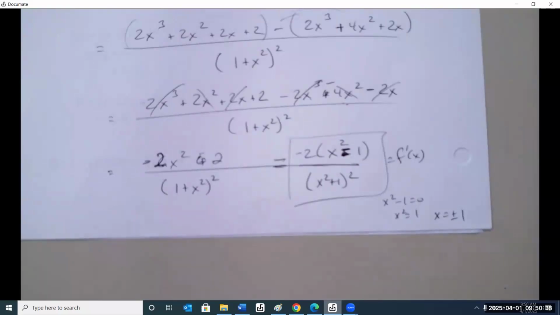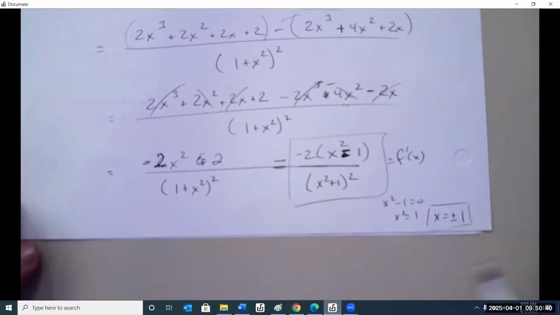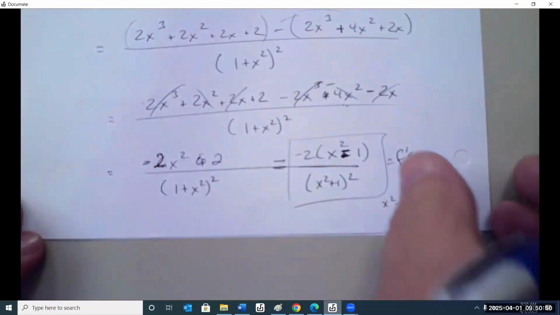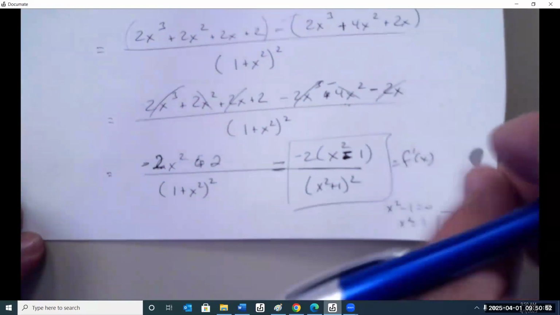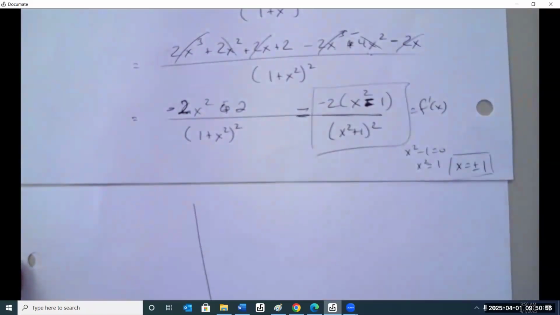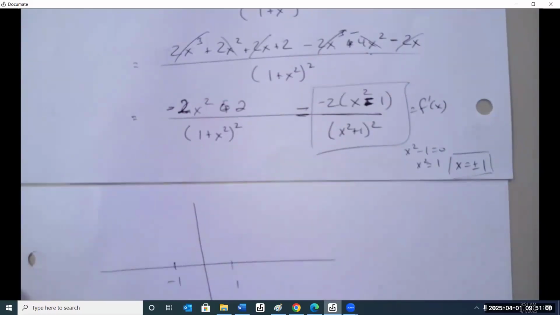So we have vertices at x equals plus or minus 1.